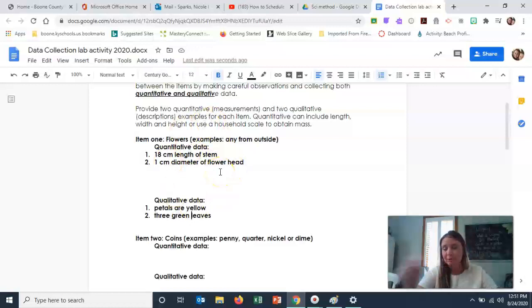The last thing I want to talk about is you could also do a water displacement. This would not be good with the flower, but it could be with the coin, where you would fill this up to, let's say, about 4 ounces, and then you would drop the quarter or whatever coin you decide to in, and that water level is going to go up ever so slightly, and then we're just going to find the difference.